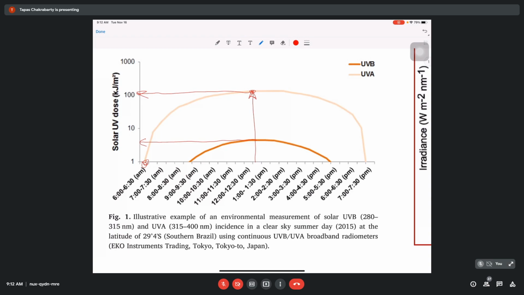Then again, in the evening, the overall solar intensity decreases, and at the same time this UV radiation also decreases. So it means that whatever damaging effect occurs is mostly if you are exposed in the middle of the day. Okay, so this is the case of the solar radiation and this ultraviolet intensity distribution.